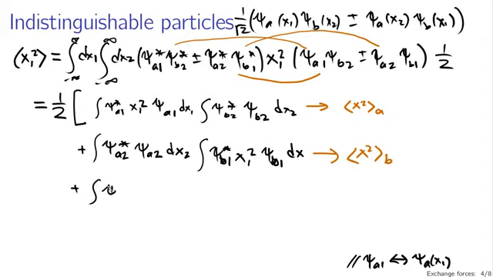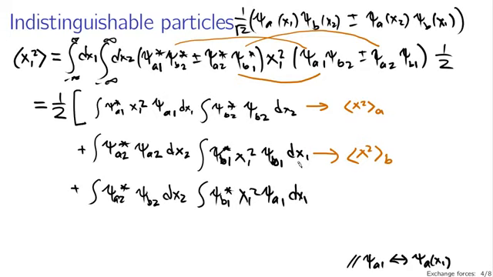I have a psi A2 star, and then I have a psi B2, and this is my integral dx2. My integral dx1, depending on my x1, is psi B1 star x1 squared psi A1, integral dx1. This is an integral dx1, sorry I forgot to mention that.